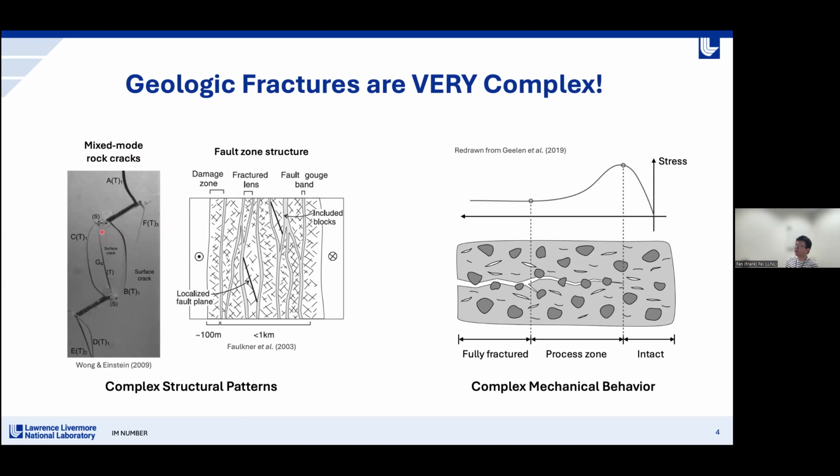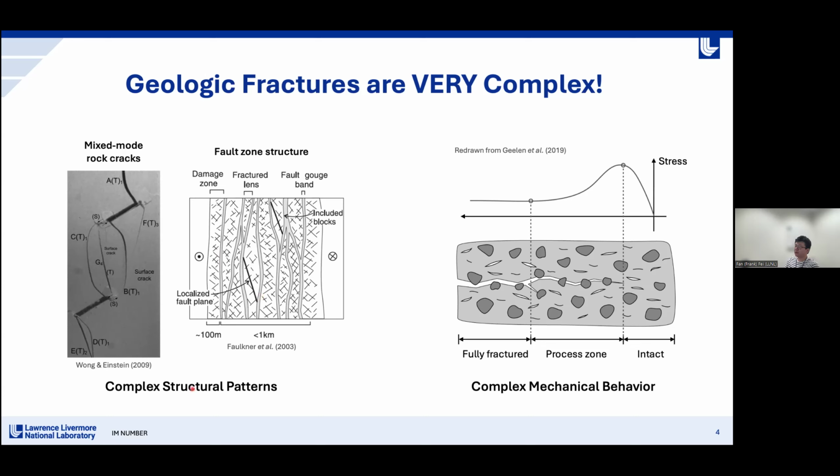And also the core of the geological fault can be very complex, like the figure shown here, where you can see many structural elements, such as the damage zone that is filled with microcracks, and also the fractured or localized fault zone where the fault slip concentrates.